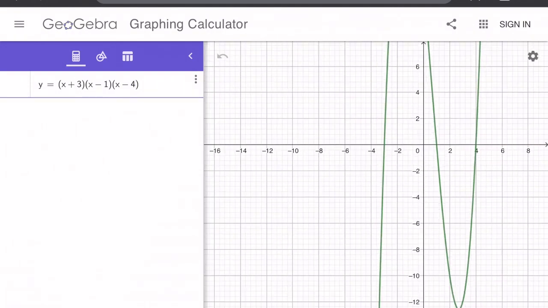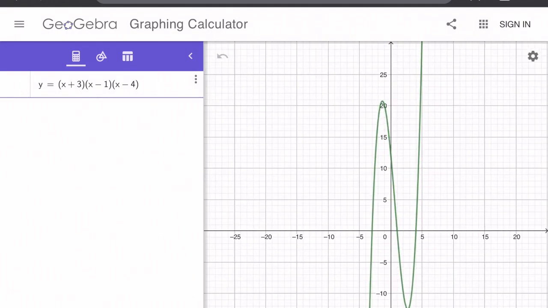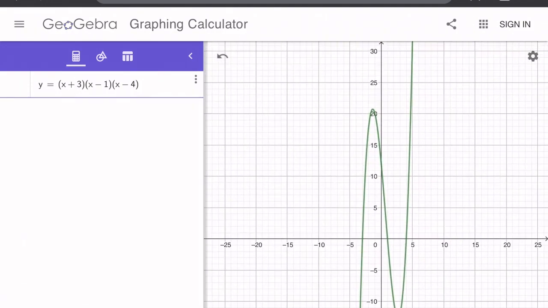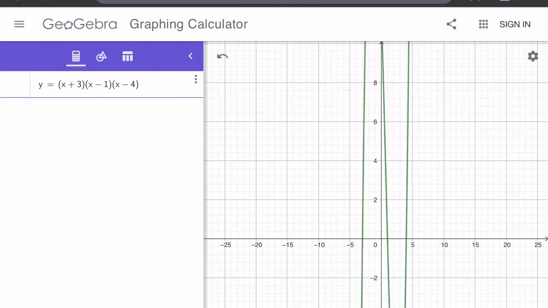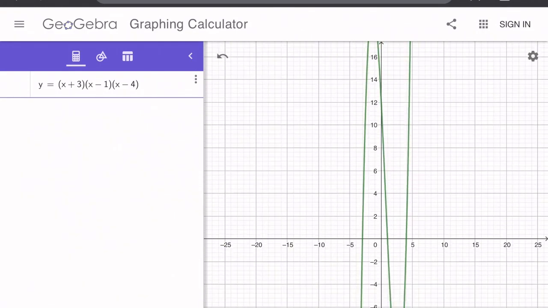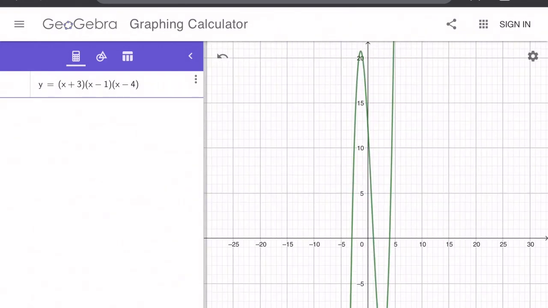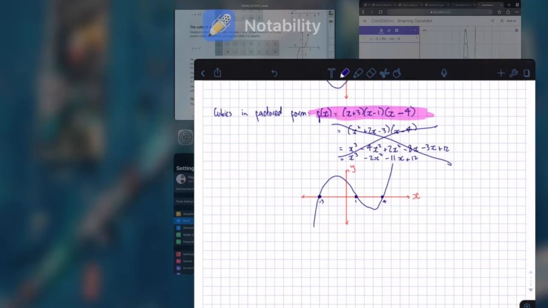Oh, wow. So I hadn't predicted that it would jump up quite that high, but I didn't actually need to. In this course so far, you're not expected to figure out how far up it'll jump, just the fact that it's going to go through the x-axis at -3, +1, and +4.